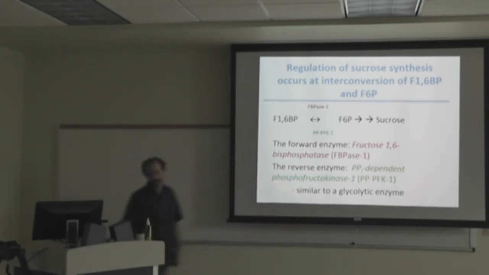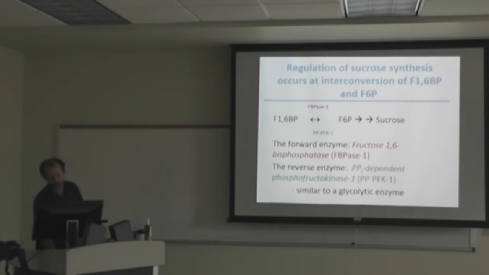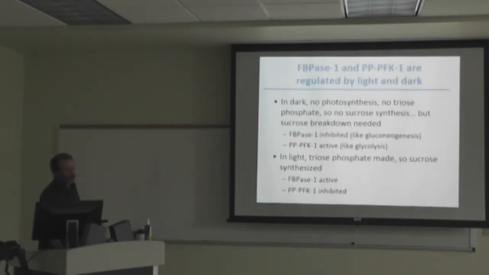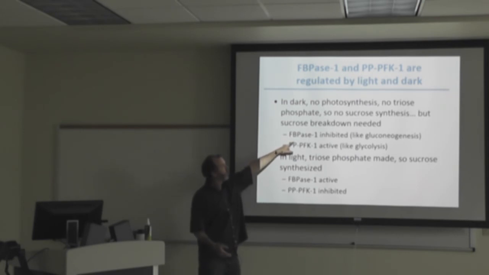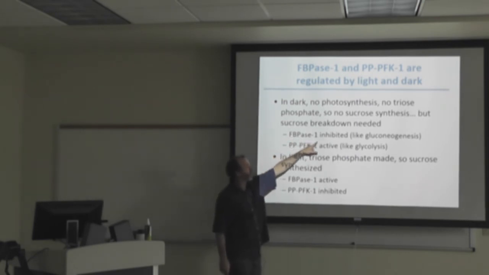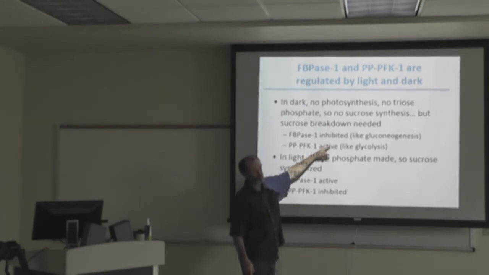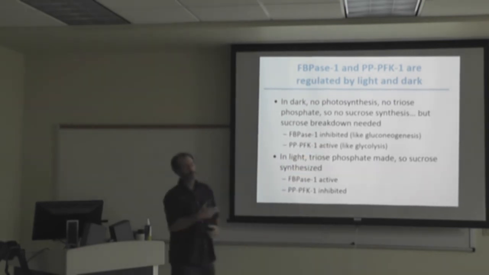So in the dark, no photosynthesis occurs, no triose phosphates, and no sucrose synthesis, but sucrose breakdown is needed. So fructose bisphosphatase 1 is inhibited, right? Because we don't want to make more sucrose or spend energy making sucrose.